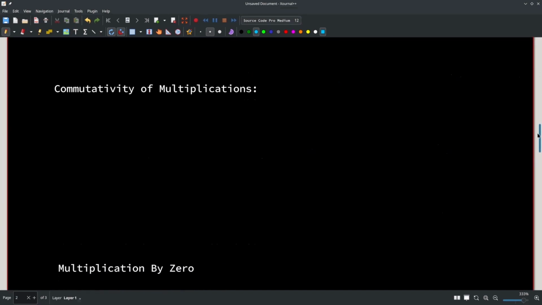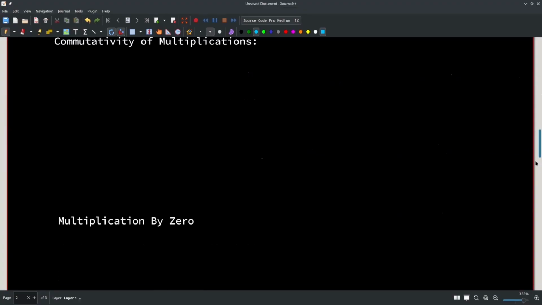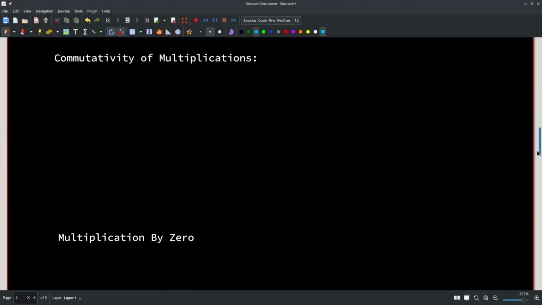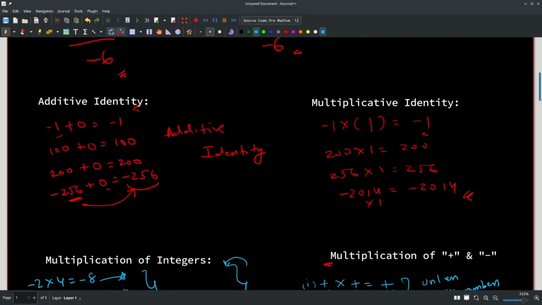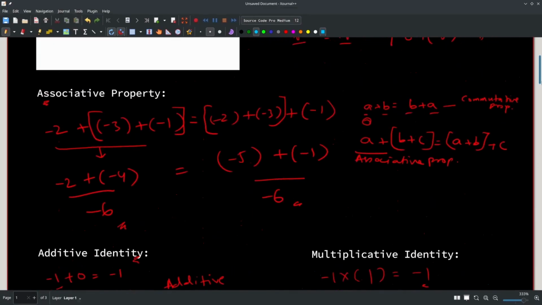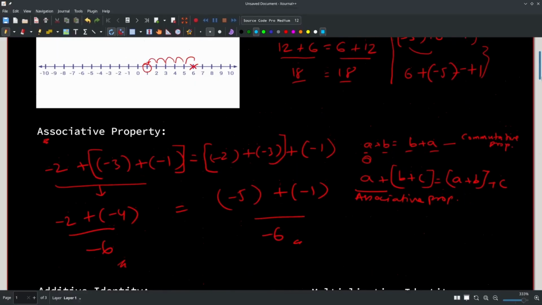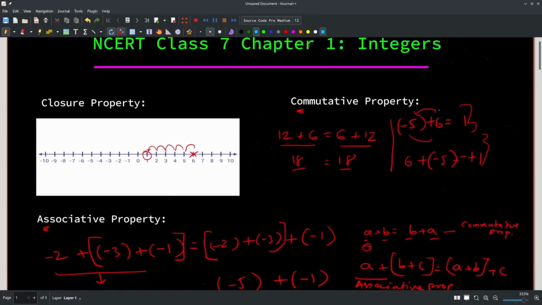Now let's talk about commutativity of multiplication. If you check above, we had an associative property and a commutative property for your addition.